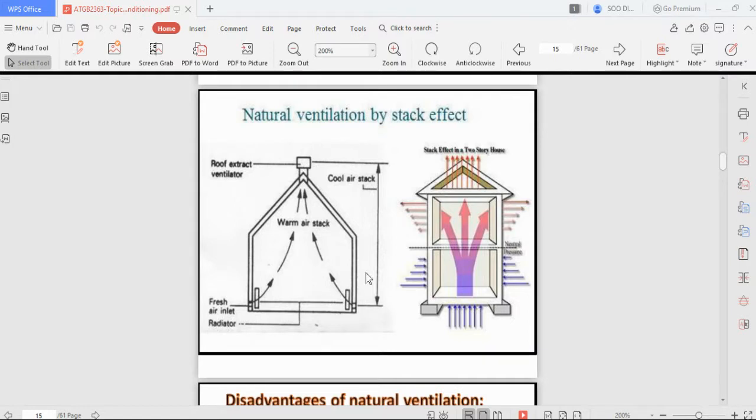And because there's a low pressure compared to the outside pressure, the fresh air, which has a higher pressure, will push itself into this room. So this is the stack effect for natural ventilation.